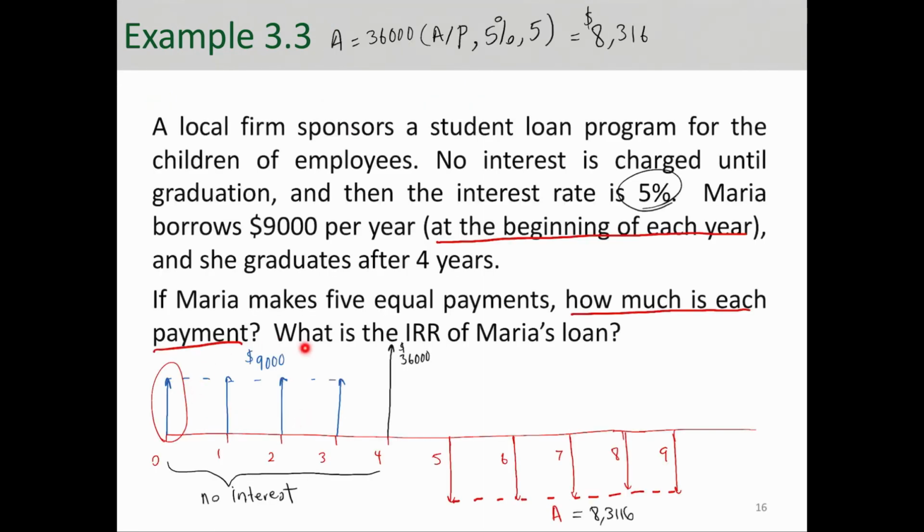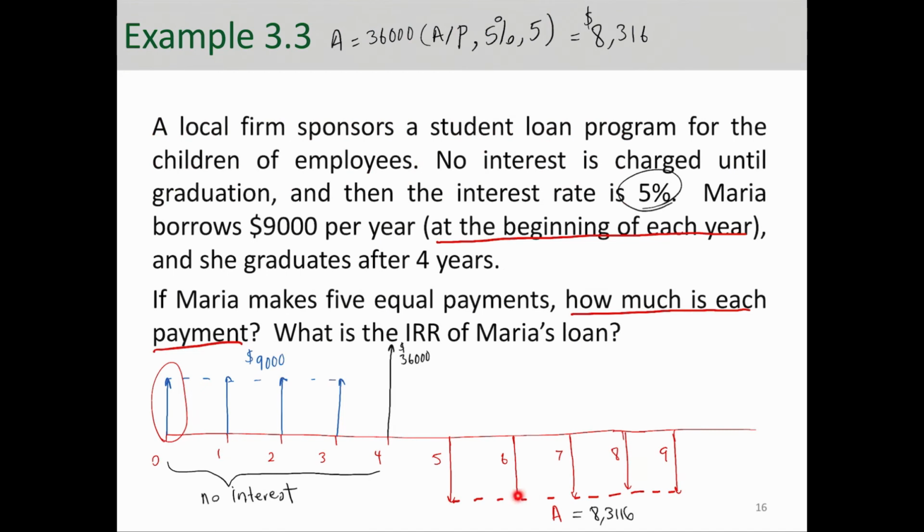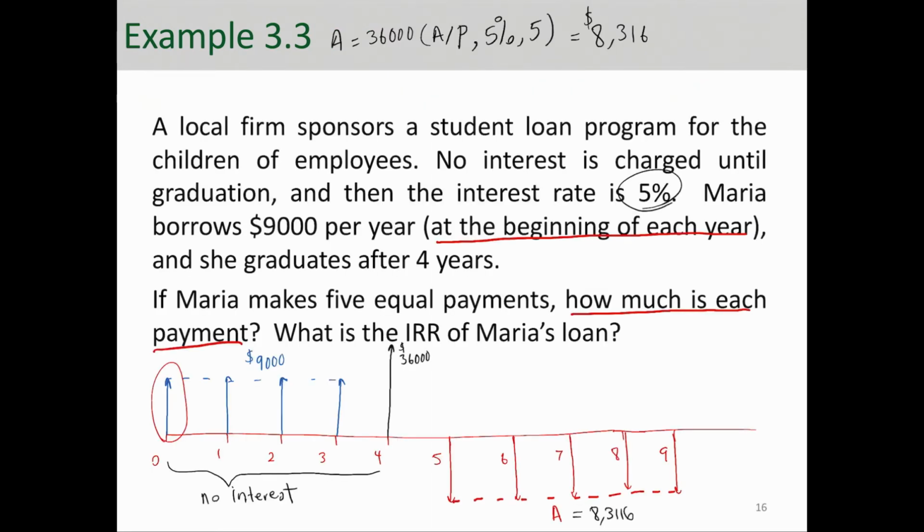There are 3 cash flows here. Minus the present worth of these payments, and that would be minus 8,316 times. How do we take these cash flows back to time 0? Well, that is times P given A, 4% in 5 years, and that would create the present worth of these payments at this time, right?